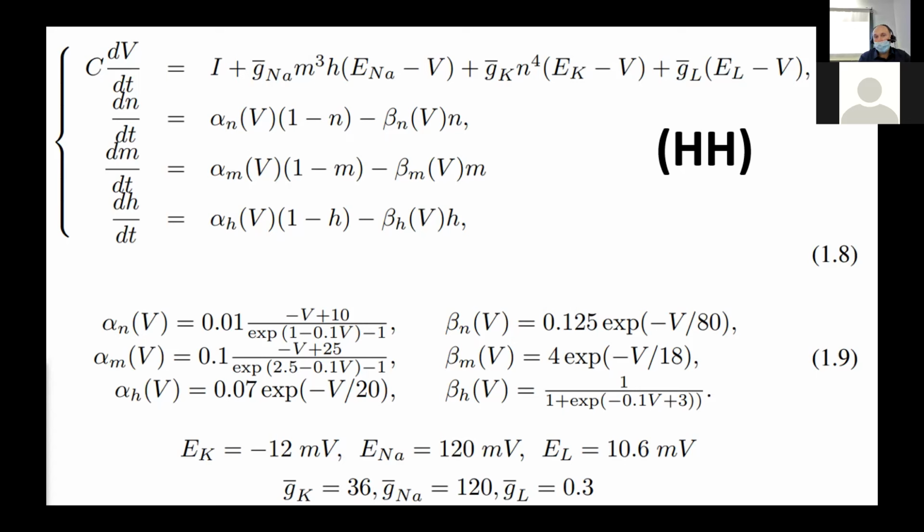And here, what's that? It's like the Ohm law. When you look at here, g_Na m cubed h (E_Na minus V), this is the Ohm law. But here, the conductance is not a constant, it's this function, right? So let me explain this better for you.